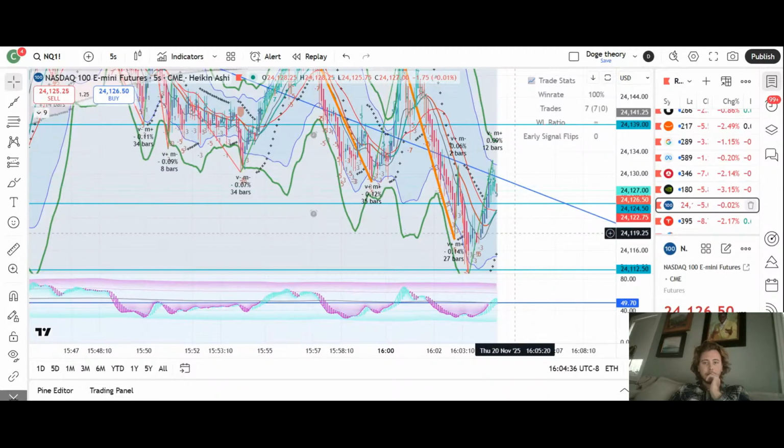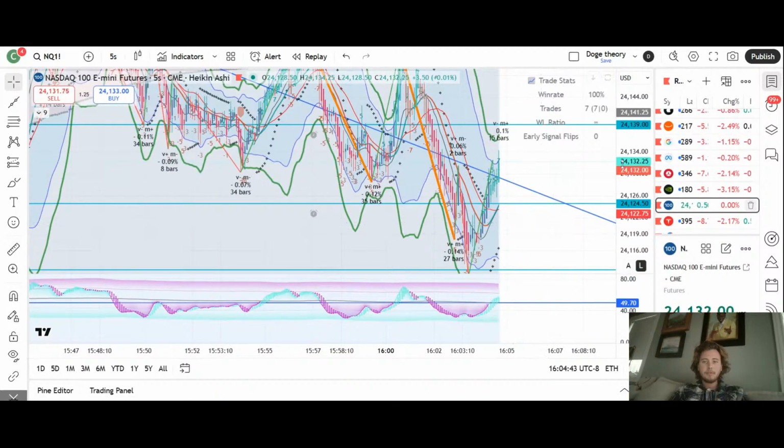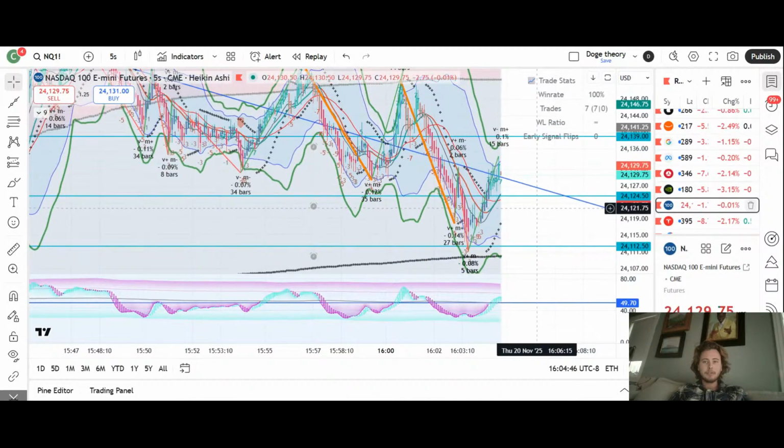It's very important that we make it through this. Beautiful. It's actually a very optimistic move. Come on, don't be a fake out.